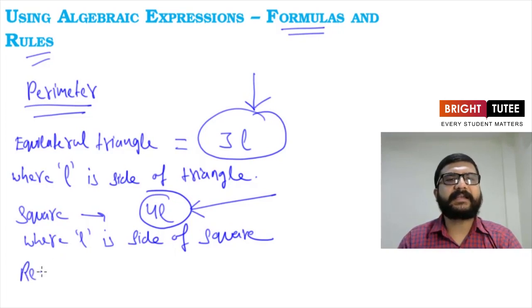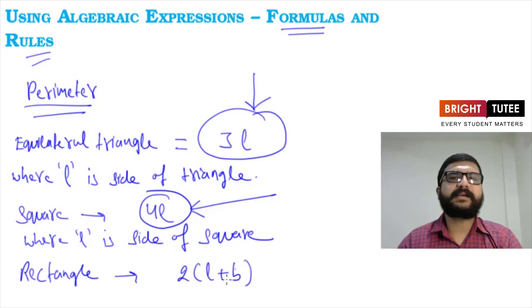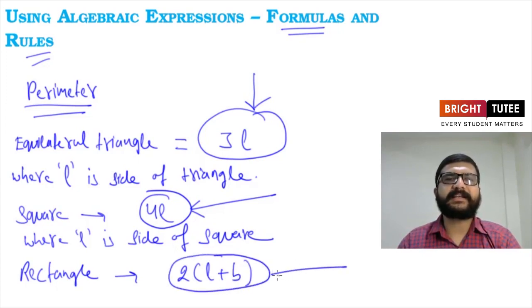Similarly, for a rectangle we have 2 into L plus B, where L and B are the length and breadth of the rectangle. This is also an algebraic expression where L and B are variables. So this is how we can use algebraic expressions for finding perimeters.